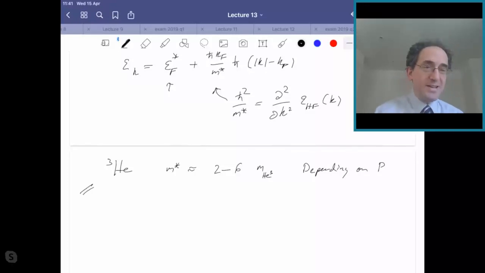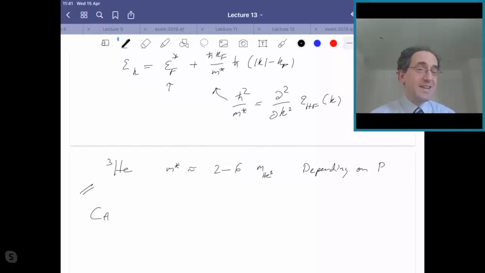But I don't have any jokes about effective mass. I don't think I do. Anyway, I'll tell you though that this lockdown thing is definitely changing my effective mass. I find that I eat a lot more and my gym is closed, so I don't get to exercise as much.